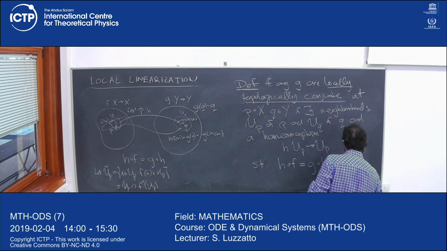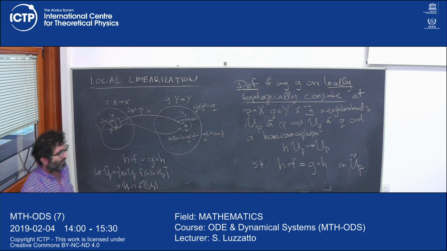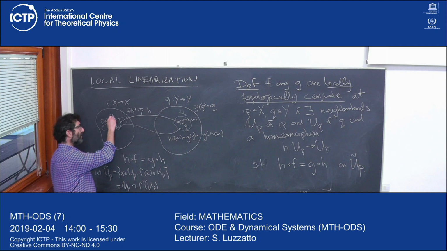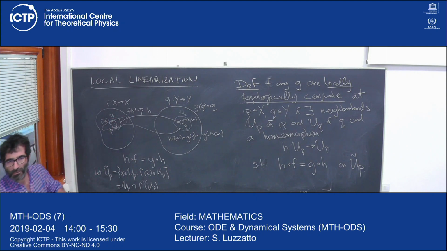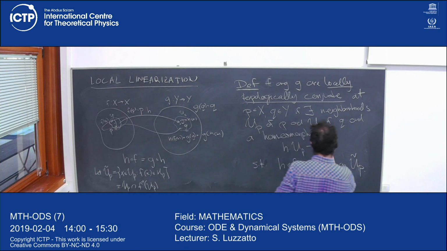On U tilde of p. This is the set of points, so this set here, just the set of points x which stay inside the neighborhood. Do you mean U of p to U of q? Sorry? h from U of p, yes, to U of q. Yes, thank you.